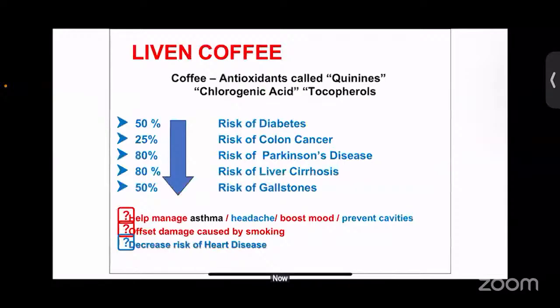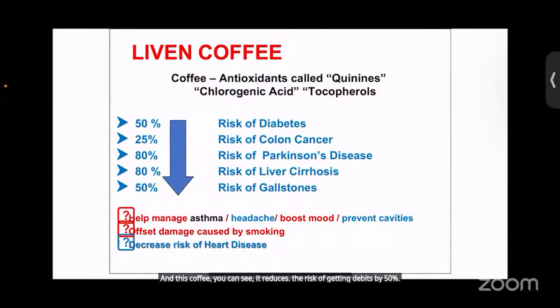Now, what does this Live Coffee do? Number one, coffee itself has antioxidants called quinines. And with this coffee, you can see, it reduces the risk of getting diabetes by 50%.